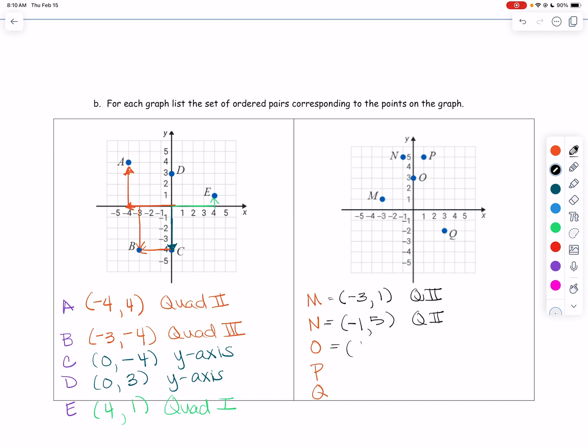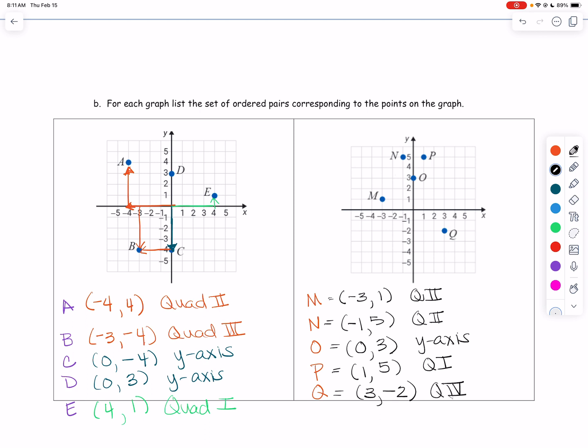O is 0 on the x and 3 on the y. That is the y-axis. P is 1 on the x and 5 on the y, and that is quadrant 1. And Q is 3 on the x and -2 on the y, and that is quadrant 4.